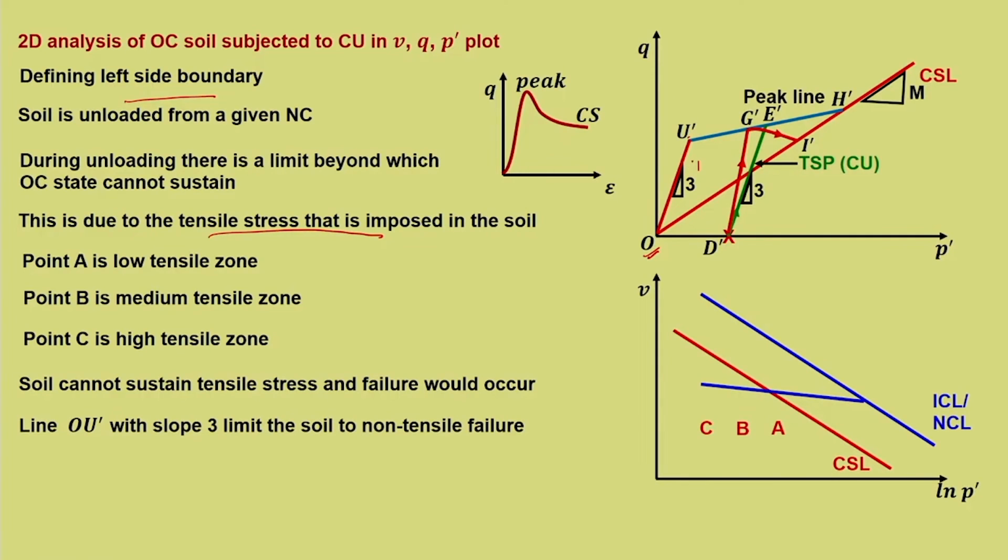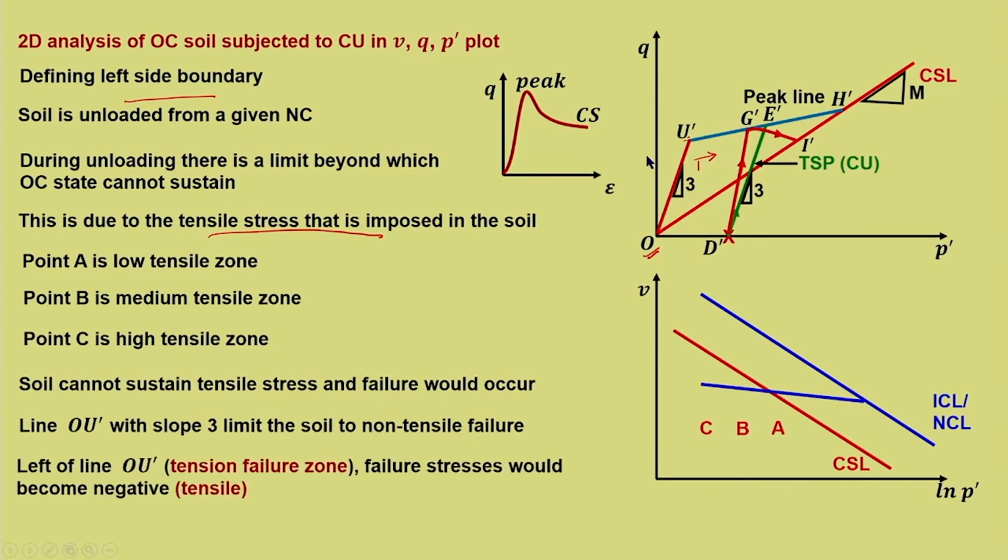Towards this direction will be a non-tensile failure zone, and this particular zone will be a tensile failure zone. Left of line OU dash, that is towards this, is a tension failure zone. So, whatever has been marked here is the tension failure zone, and the failure stresses would become negative.